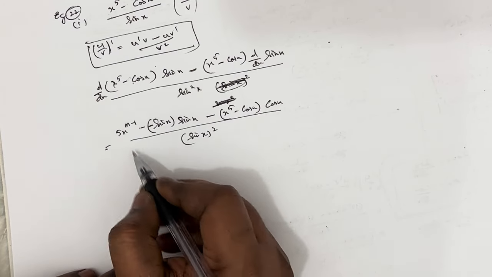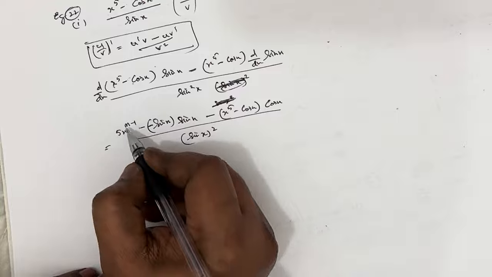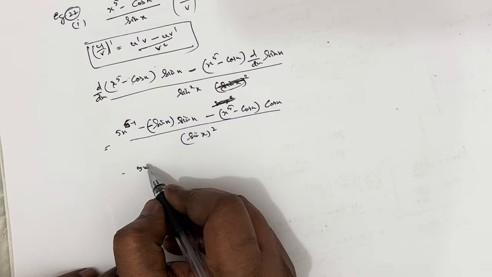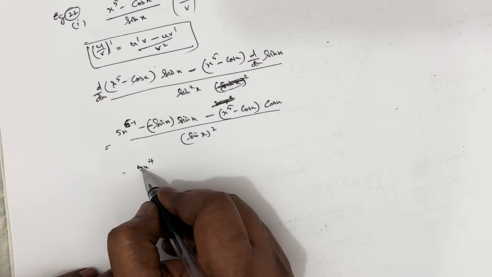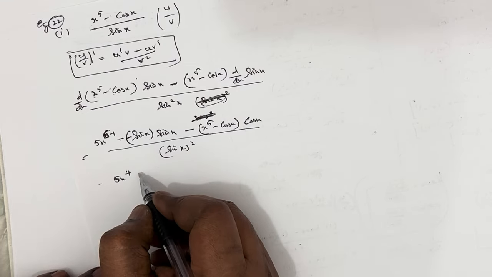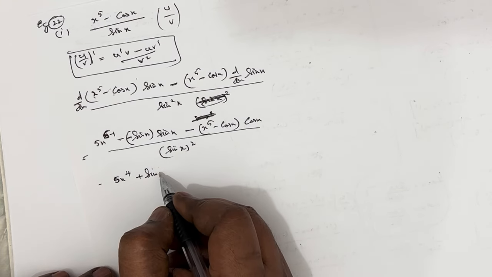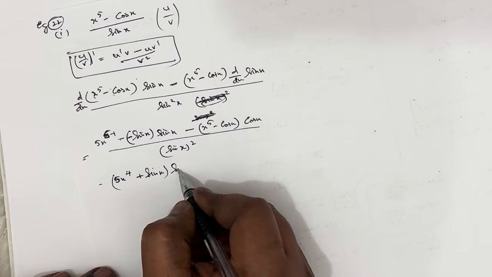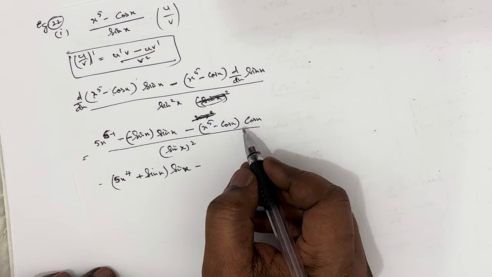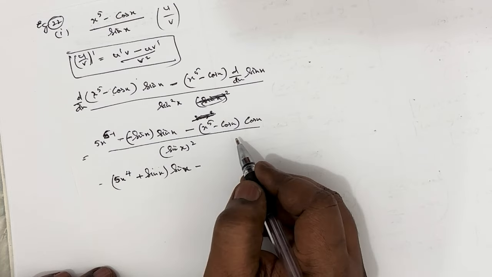So this will be 5x^(5−1). 5 minus 1 is 4, so 5x^4, and minus into minus will be plus sin x times sin x, that we will do later. Minus, now let's multiply this inside.